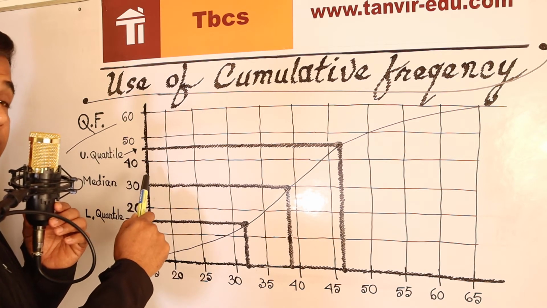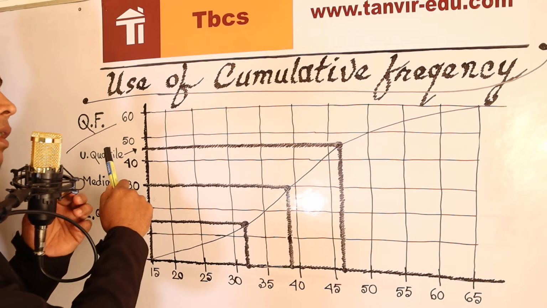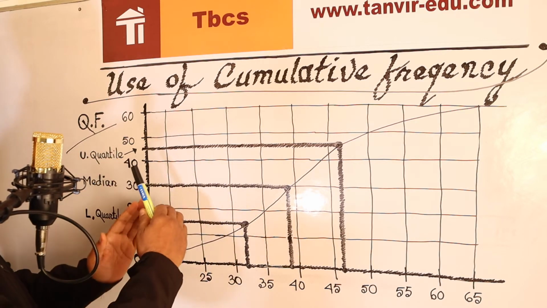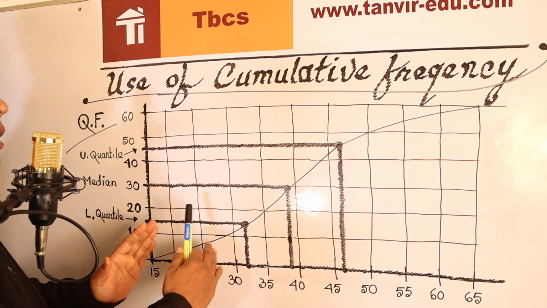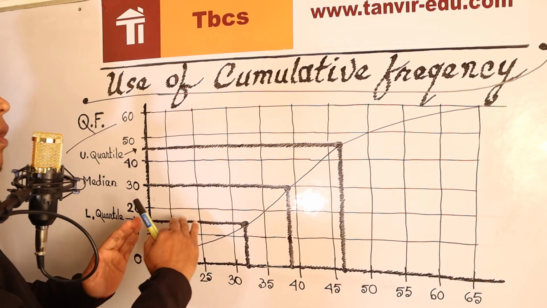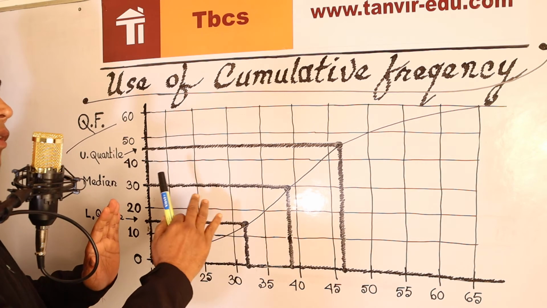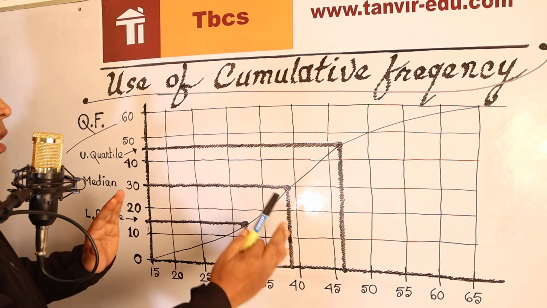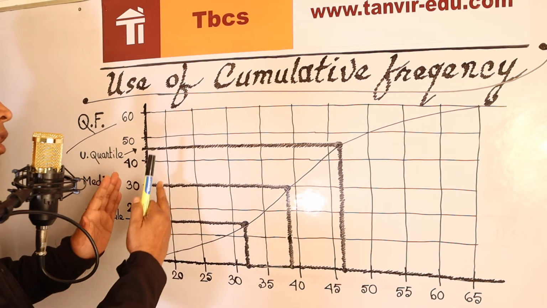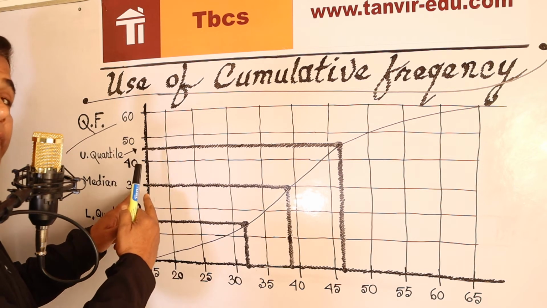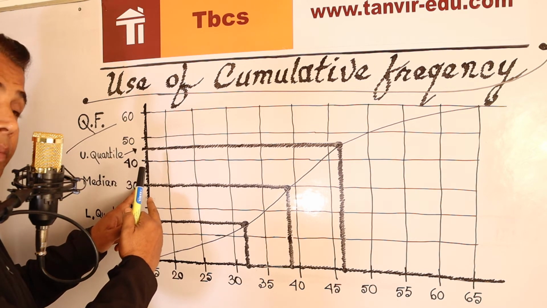Again and again I'm telling you, for getting any data, whether median, upper quartile, lower quartile or interquartile, we have to start from the cumulative frequency.